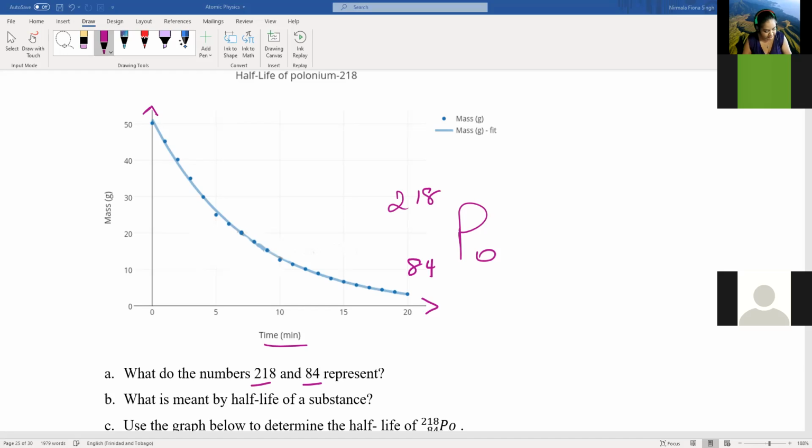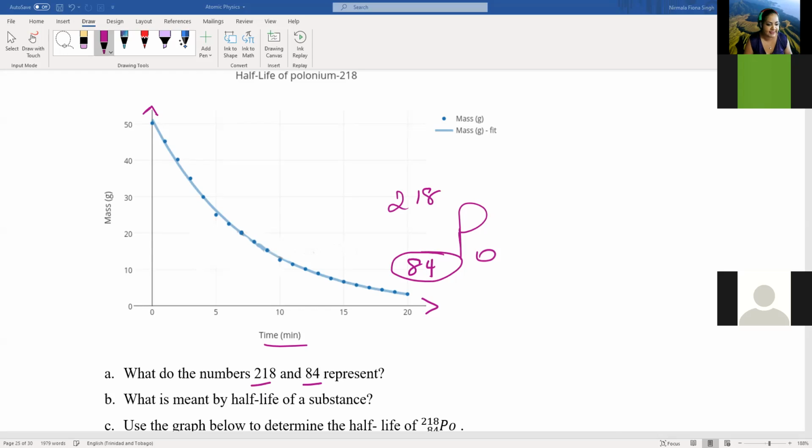Thank you. Protons, very good. Protons will be your atomic number. Where you are in the periodic table strictly depends on how many protons and or electrons you have.